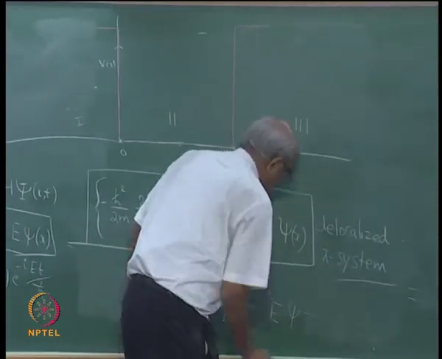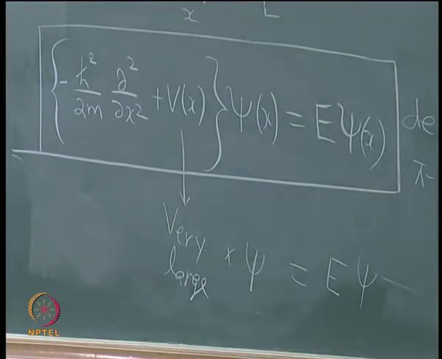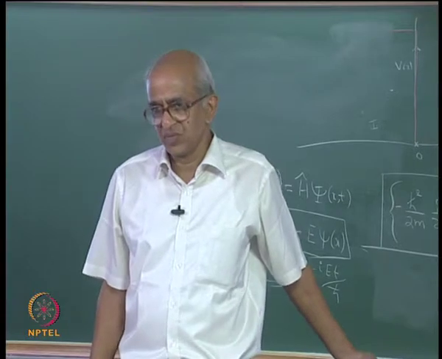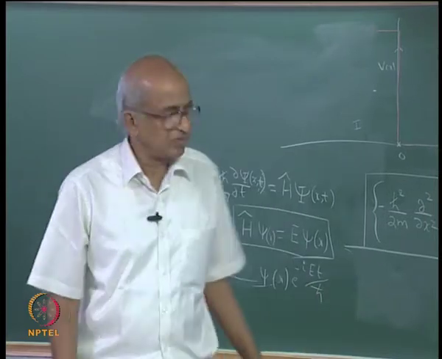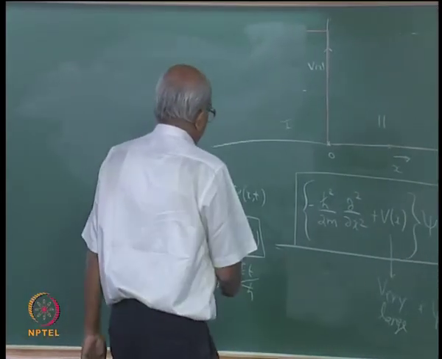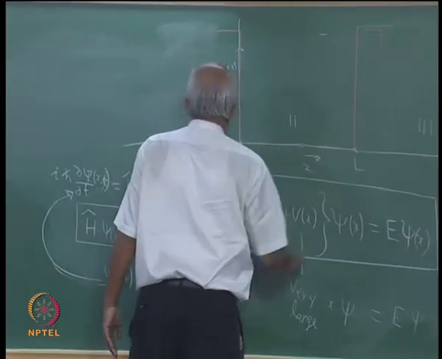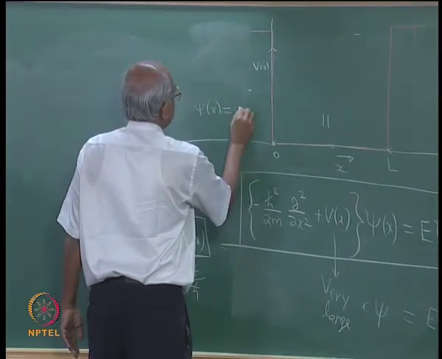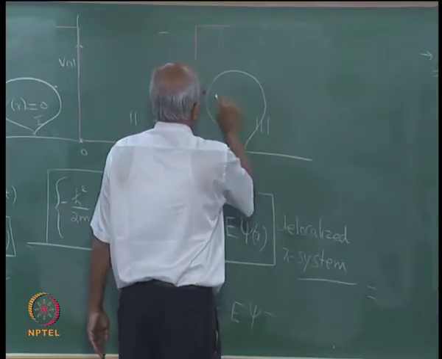So a very large quantity into psi must be equal to a very small quantity into psi, and the only possibility is that psi must be 0. Therefore, the equation is automatically satisfied if psi is equal to 0. So, having solved it in this region as well as in region 3, the solution is that psi of x is equal to 0 in both regions.